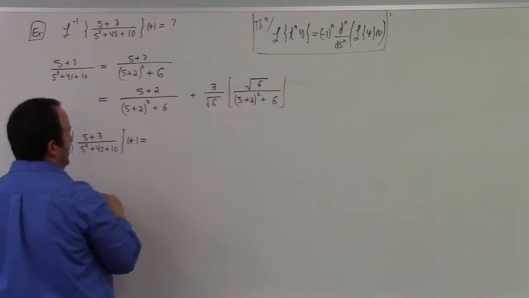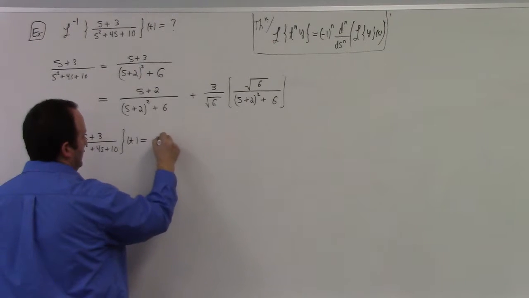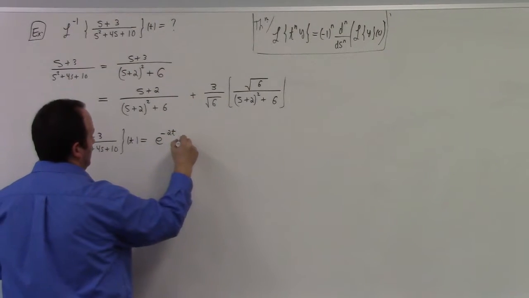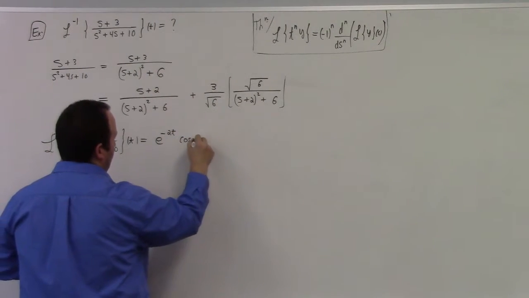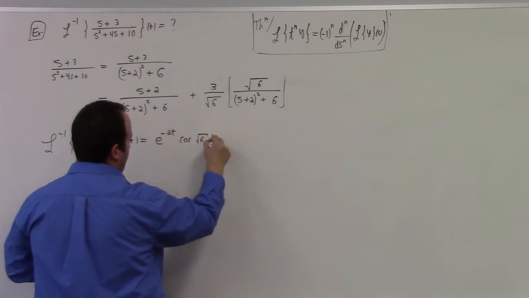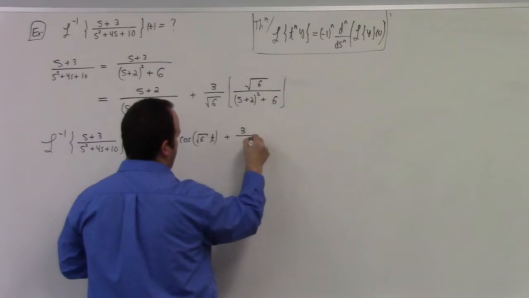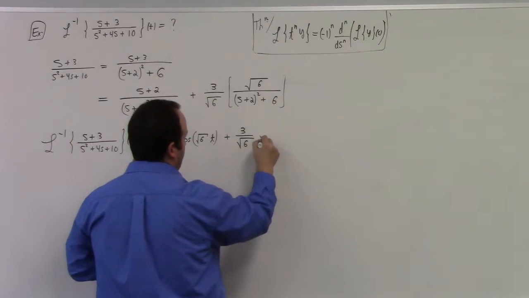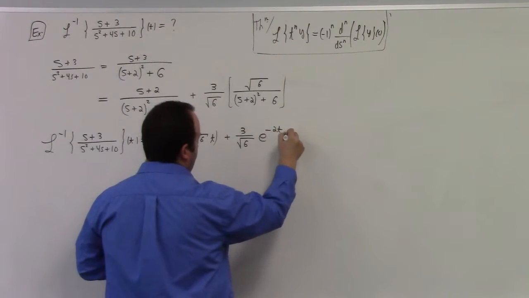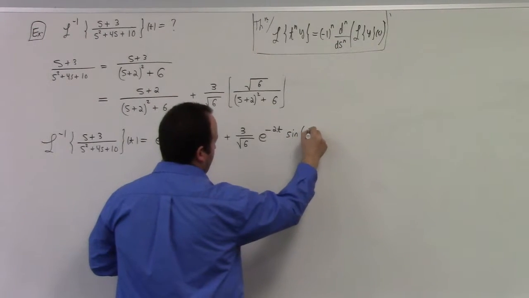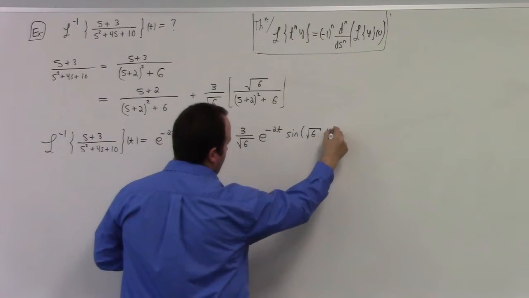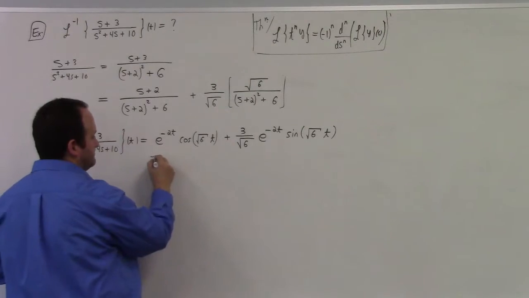It's going to be equal to e to the minus 2t times the cosine of the square root of 6 times time, and then plus 3 over the square root of 6, e to the minus 2t times the sine of the square root of 6 times time. And there you have it.